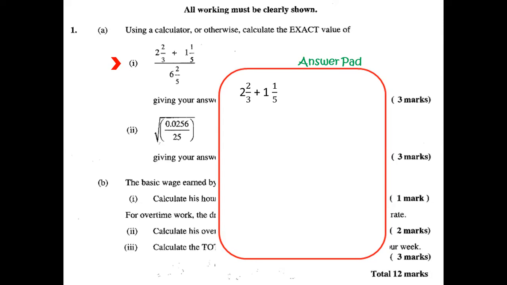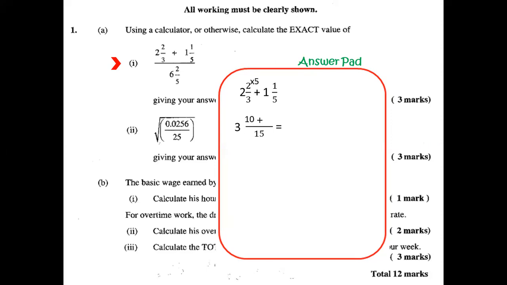But since we're just going through, my approach for any you'll be seeing in this video: I'd add the whole numbers first. Because some people will convert the mixed fractions to improper fractions, but when you do that, you end up with larger numbers to work with. So I'd rather add the whole numbers and then work with the smaller fractions. In that case, I'd find the LCM, the lowest common multiple, or some people would call it the LCD, and then write equivalent fractions from it. 3 into 15 goes 5 times, and 5 times 2 is 10.